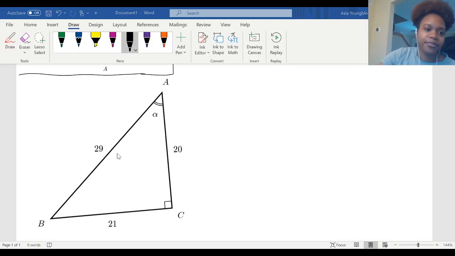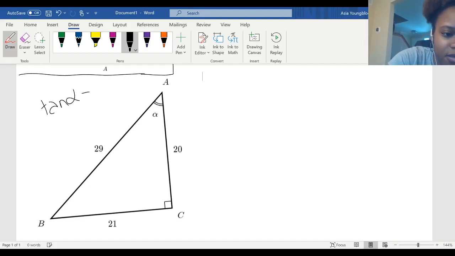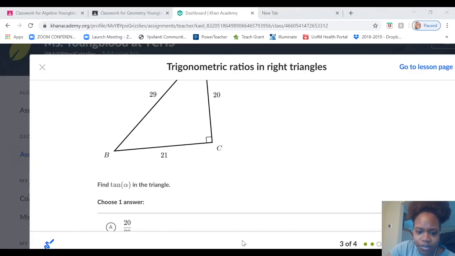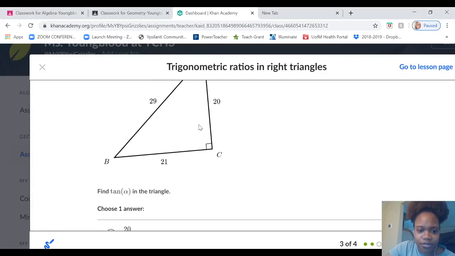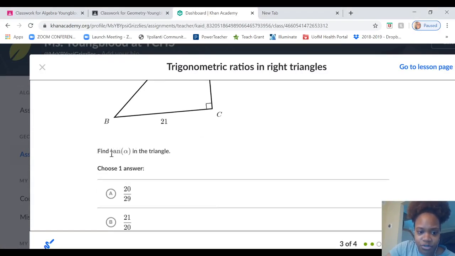In this next problem, we're asked to find the tangent of alpha. And again, I just want to show you where I'm getting that from, so you guys aren't like, where is she getting this tangent and stuff from? It's given in the problem. So they give you the triangle, and they tell you what you're looking for, tan of alpha. So that's where I'm getting that from.